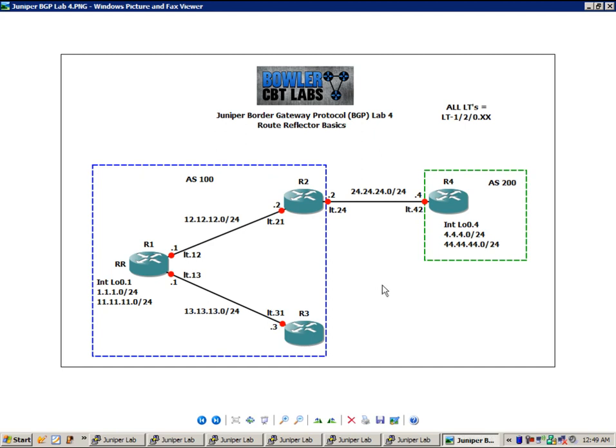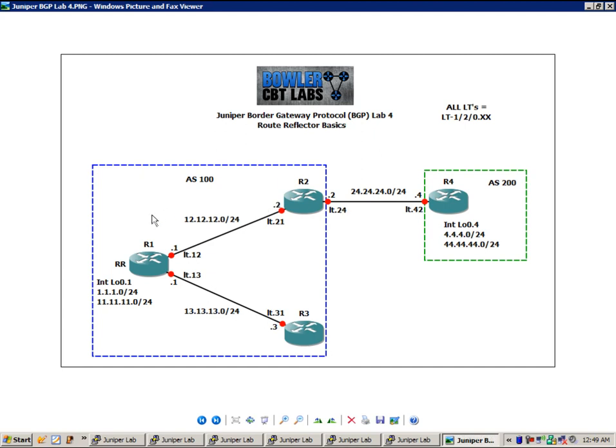What Route Reflectors allow us to do is bypass the iBGP, or internal BGP rule that every router that is running BGP within the autonomous system, in this case 100, must peer to every other router in the autonomous system that is running BGP.